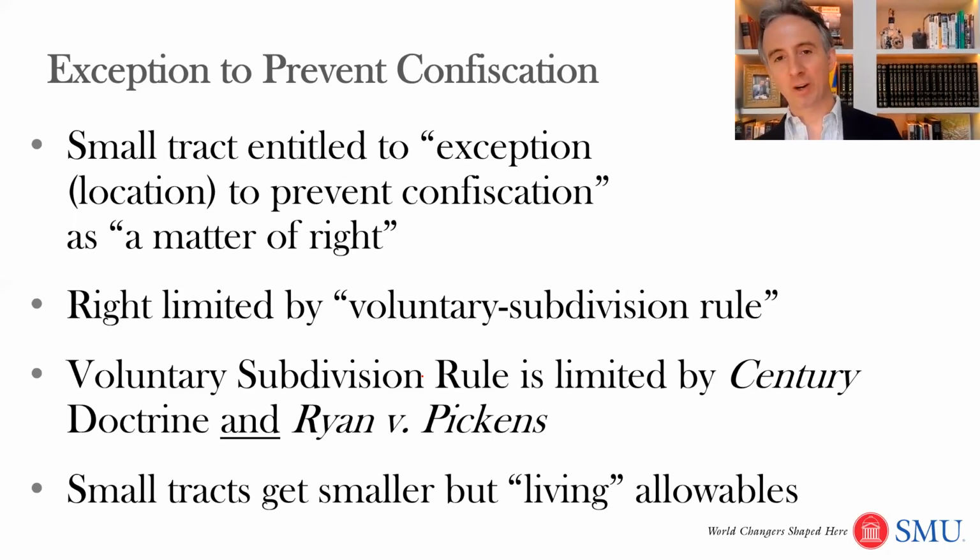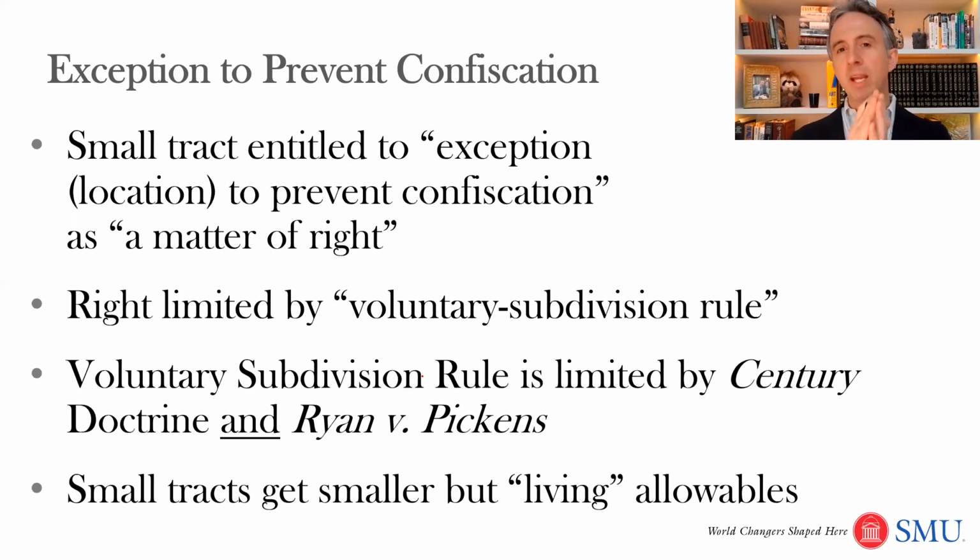Here's where things got a little bit crazy. Texas also said small tracts get smaller but living allowable. So remember earlier I said the amount of allowable you get is based on your acreage in most places at most times. But Texas thought that was a little bit unfair to the small landowners because the small landowners said, okay, so you say I get this well as a matter of right, but I've only got half an acre here.